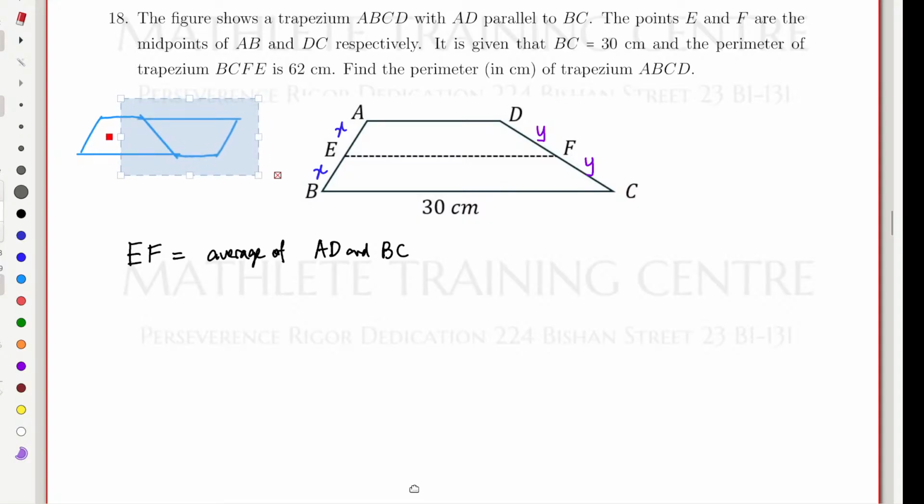So what kind of shape do you get when you put two trapeziums together like this? You get a parallelogram. And now if you take a look at the one connecting the midpoints here, you can see that this horizontal length is the same as the top and the bottom, right? For your parallelogram. So therefore, what you can see is that if I just take half of it, if I just take this little part on the left, it will then be the average of the top and the bottom.